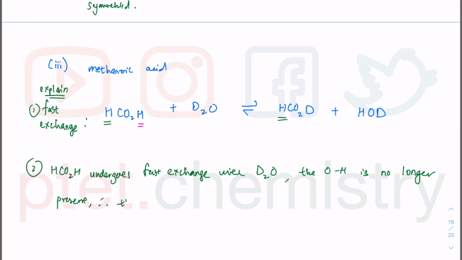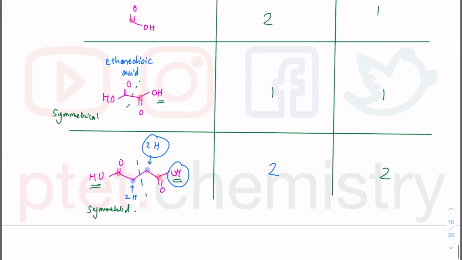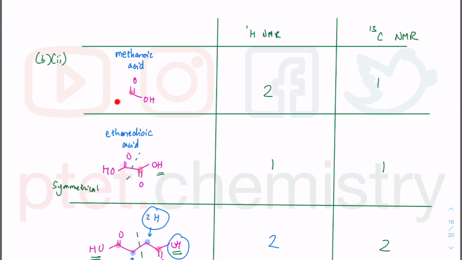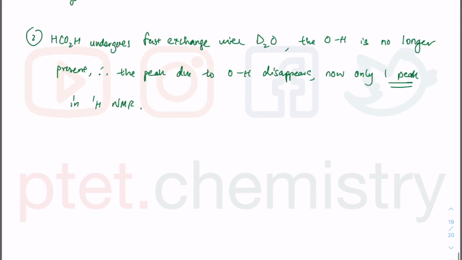Therefore, the peak due to OH disappears. Now there is only one peak in the proton NMR after this fast exchange. Previously you had two peaks, as you have done in your table, one there and one for this hydrogen there. Now you have lost this peak as a result of fast exchange. It's no longer a hydrogen, no longer a proton, but now a deuterium, which is NMR inactive. That's the idea of fast exchange.